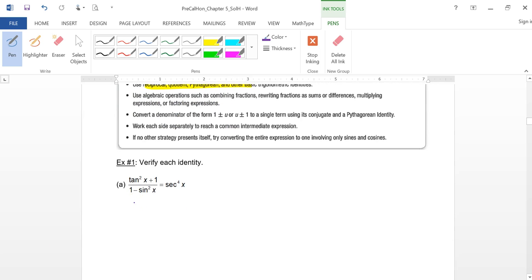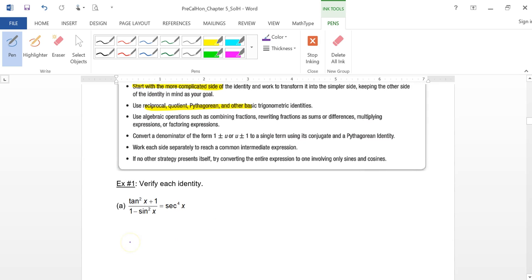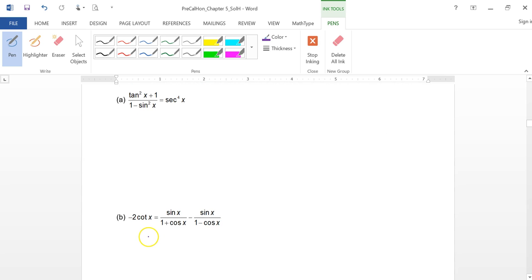This one, we're going to start with the more complicated side. Of all of these strategies, that's the most helpful here. The left side is clearly more complicated. Now, tangent squared x plus 1, that's an identity: secant squared x. The bottom, 1 minus sine squared, is just cosine squared x. What I do is I draw a line down the middle, like this.